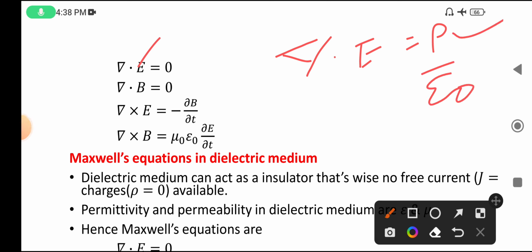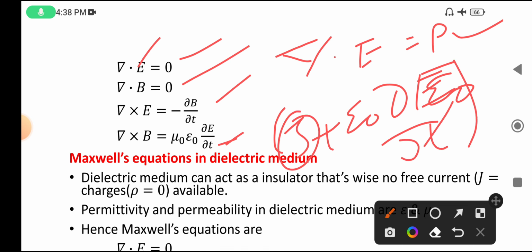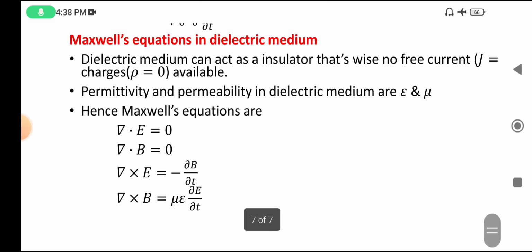Just now I told you the rho value is 0, so this is 0. It is already 0, no changes. And what was there? J plus epsilon naught dou E by dou t, but the J value is 0, as I just explained. Then only this term remains here. Okay friends, like this.